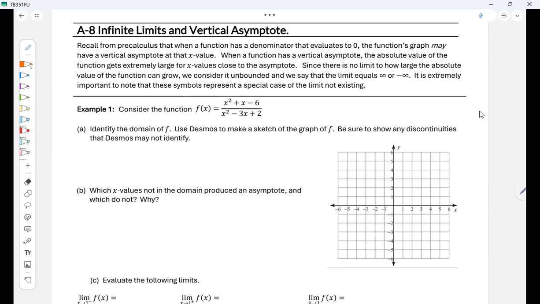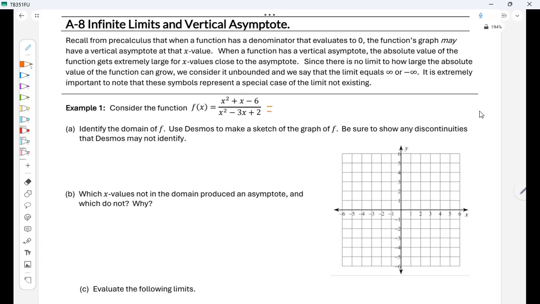Okay, so let's formalize this. We're going to use some of the stuff we did in factor and cancel. So let's get this thing factored. We have this function f of x. I can put an equal sign here as long as I don't cancel anything.